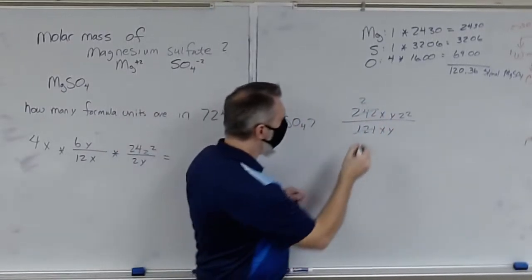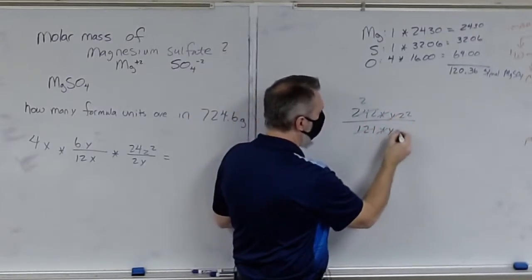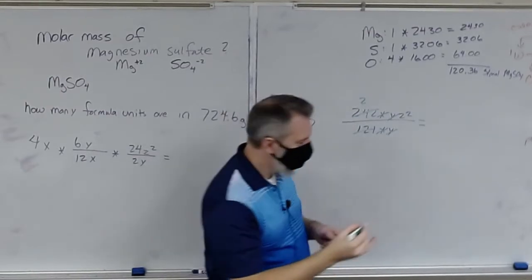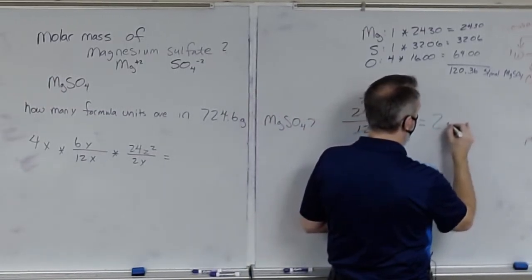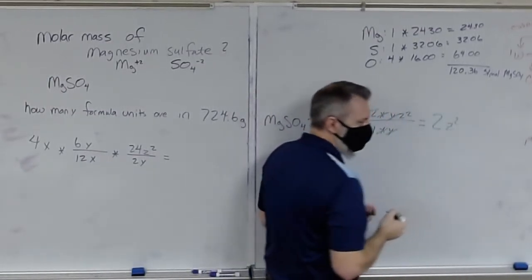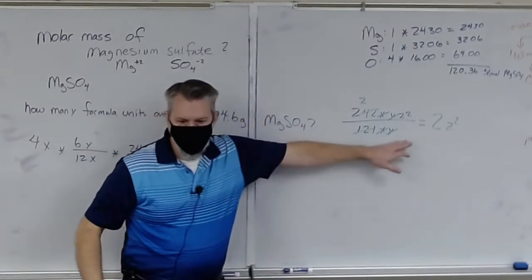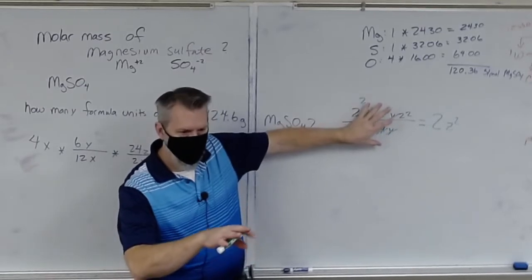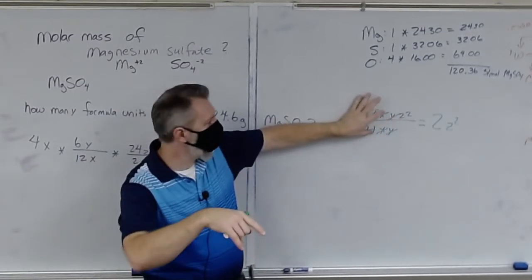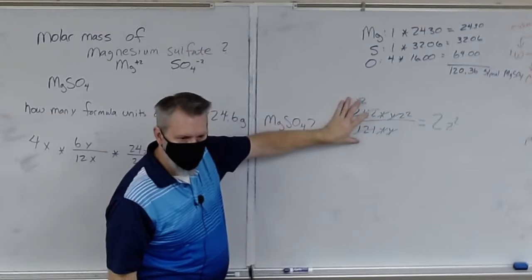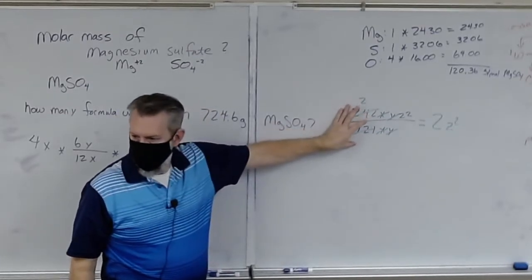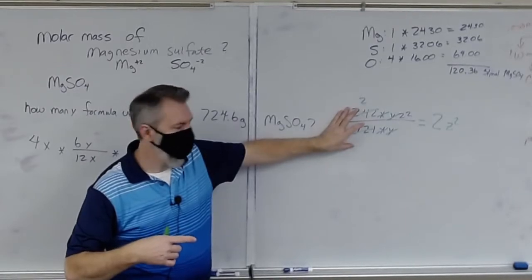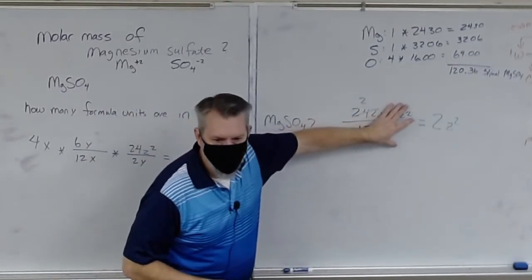I can get rid of the x and the y. And so the final answer to this would be what? 2z squared. Do y'all remember this from algebra days? Does this make sense from algebra? Is this legal? Is this allowed? Y'all were taught that's okay? Okay, this is what we're doing.